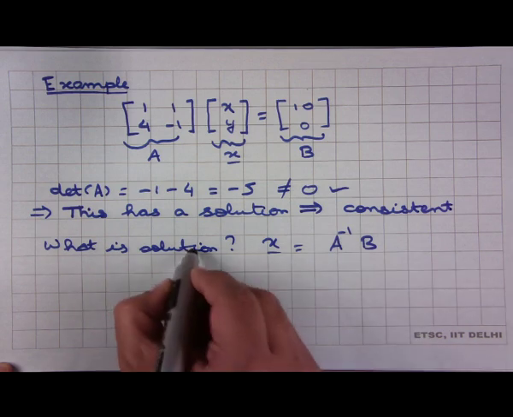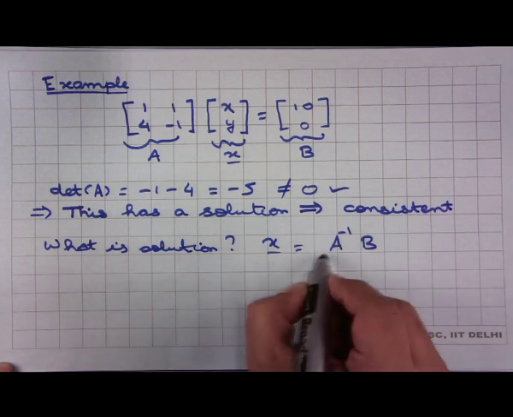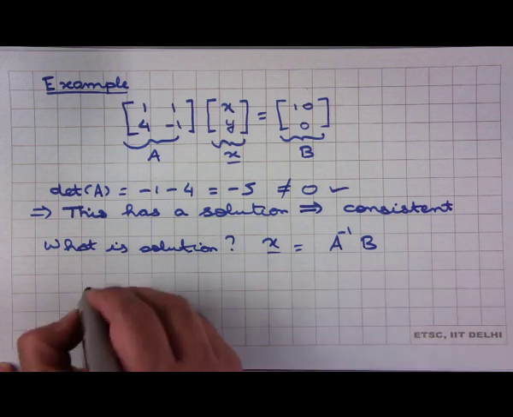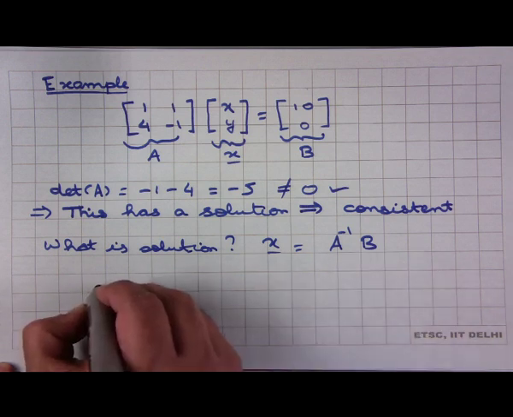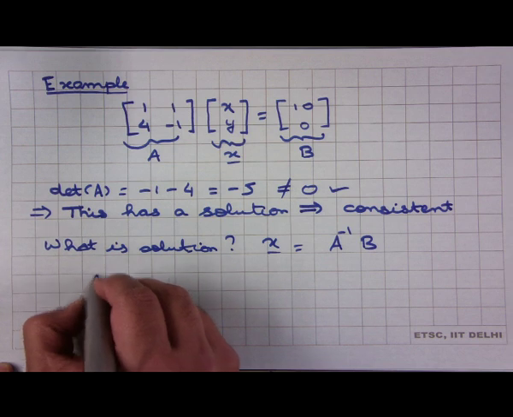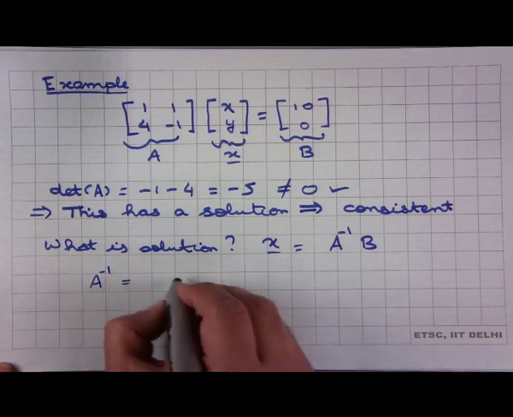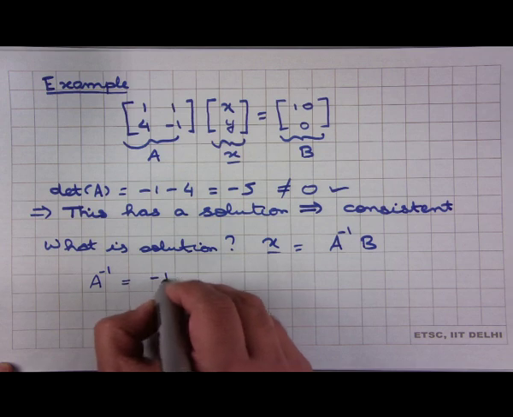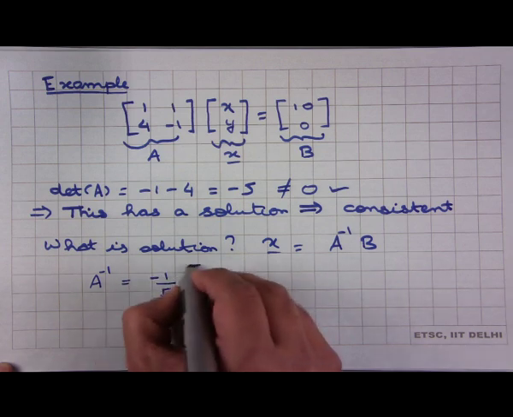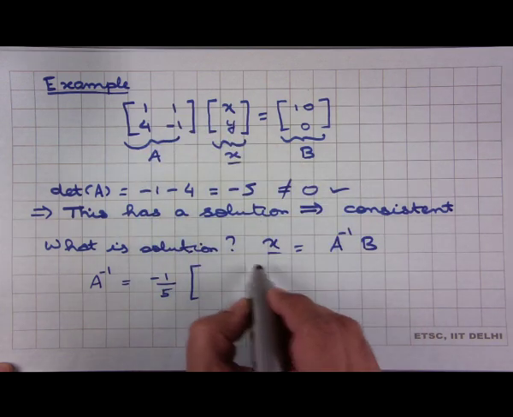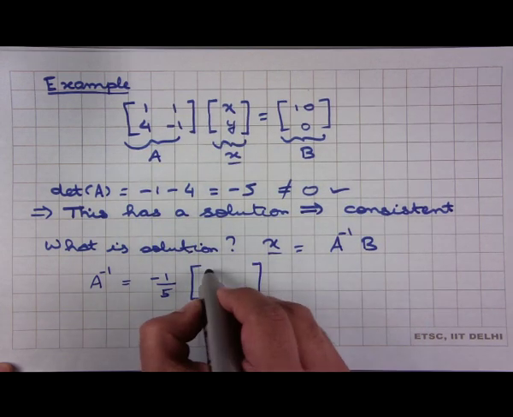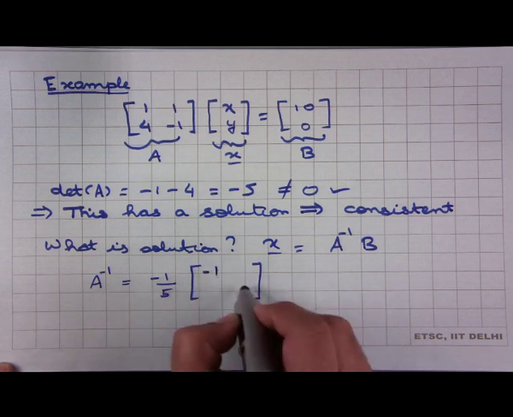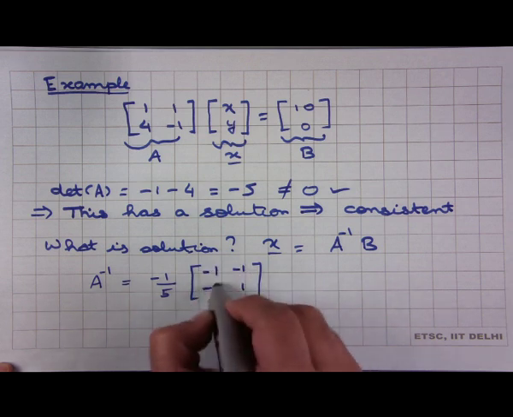What is the solution? There we have this x bar is A inverse times B. So, what is A inverse? A inverse in this case is minus 1 by 5 times replacing the matrix A with its adjoint. So, minus 1, 1, minus 1, minus 4.